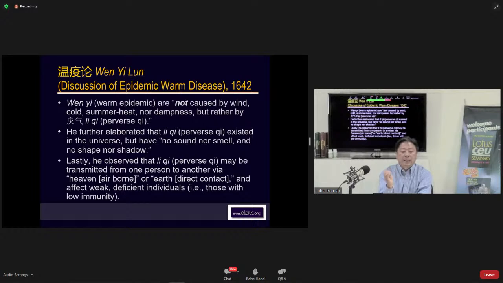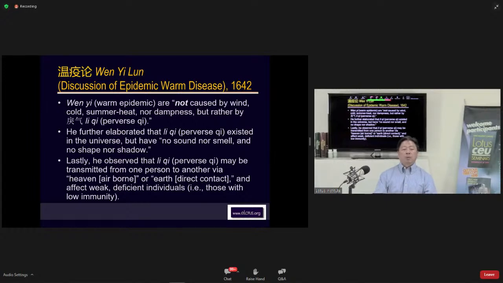And then lastly, he observed that Li Qi, perverse qi, may be transmitted from one person to another via heaven or earth. And then people that are weak or deficient are most likely to be affected. All right. So here, he is describing the method of transmission and also who is most likely going to be affected.